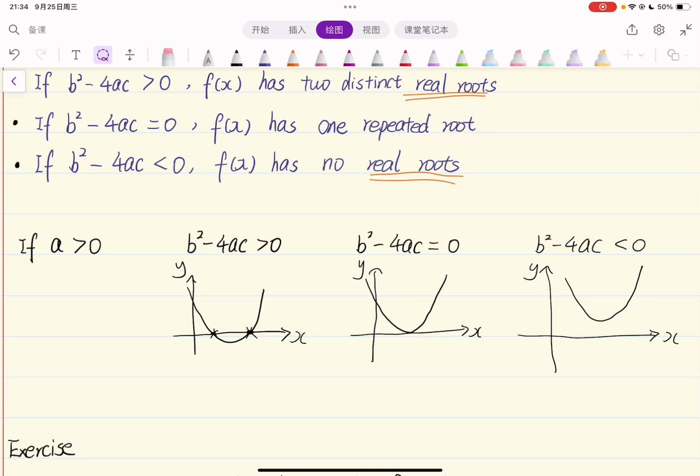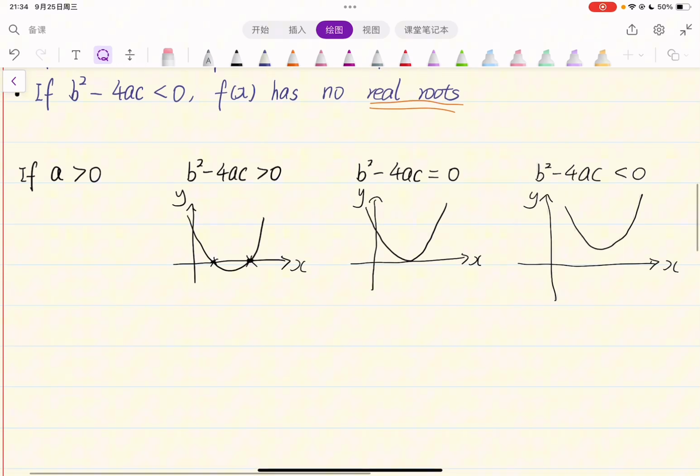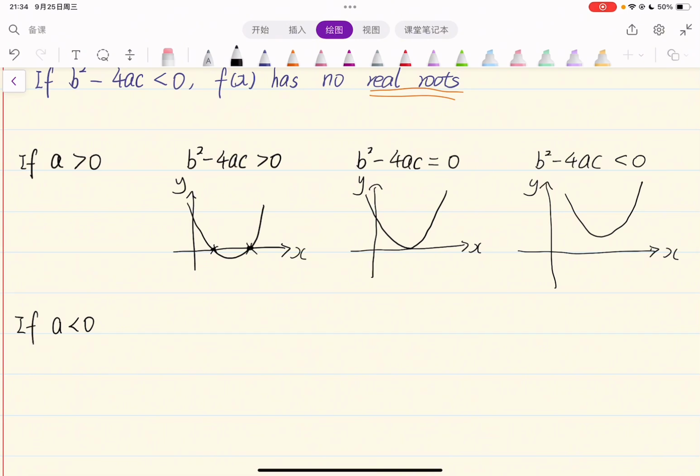How about a less than 0? Okay, if a is less than 0, we have the sad face. Also, when b squared minus 4ac is greater than 0, we touch the x-axis twice. It will look like that, right? 2 points.